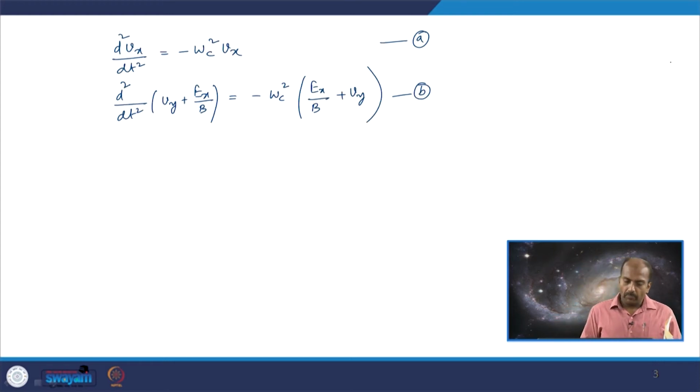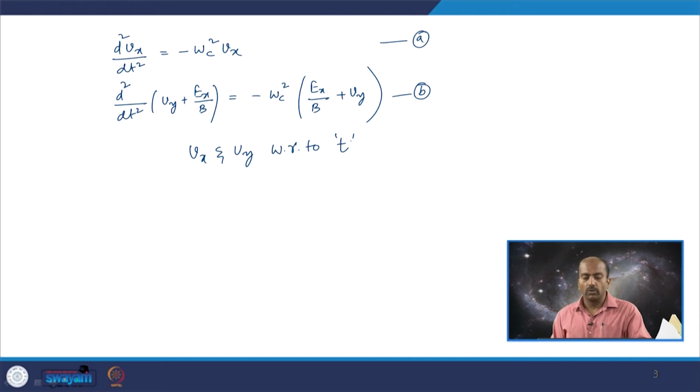Now, let us look at these two equations and try to understand what they are trying to convey. What is the first thing that you notice about these two equations? The first thing is that they are second order differential equations, and their solution will be Vx and Vy with respect to time.